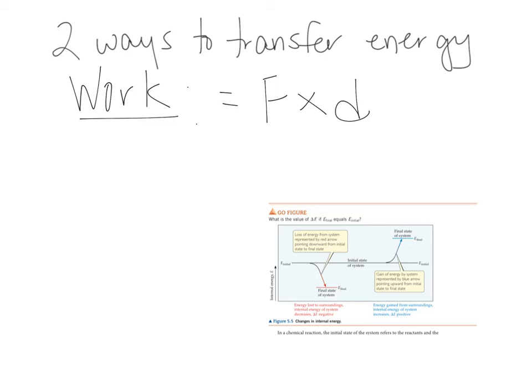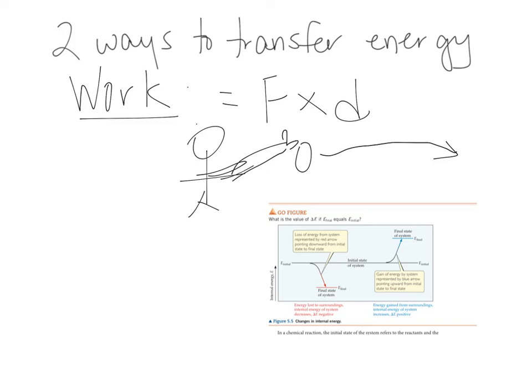So for example, if I were to pick up a baseball with my arm, there's my arm, there's my hand, and I'm going to throw this baseball, here's my body, I have a long arm. I'm going to throw the baseball over here so my daughter can hit it with her bat. I have transferred energy that is in my arm muscles, chemical energy actually, to the ball, so that ball can move over a distance.